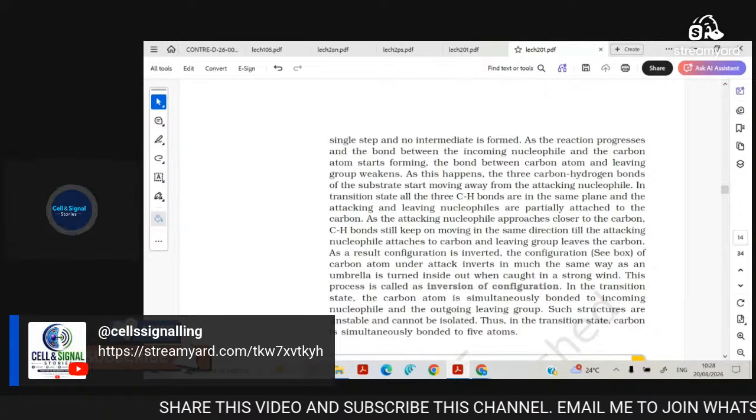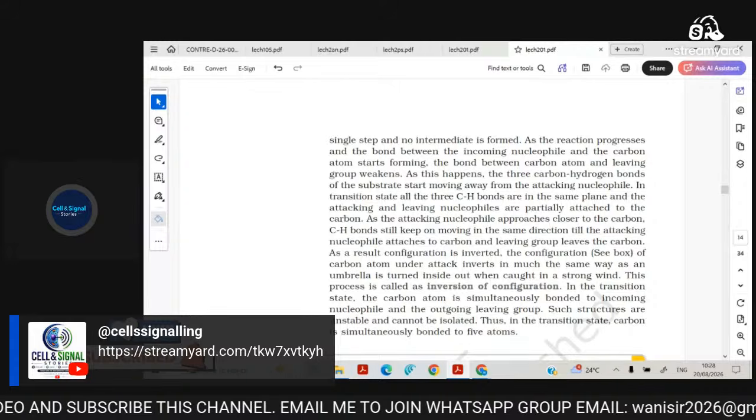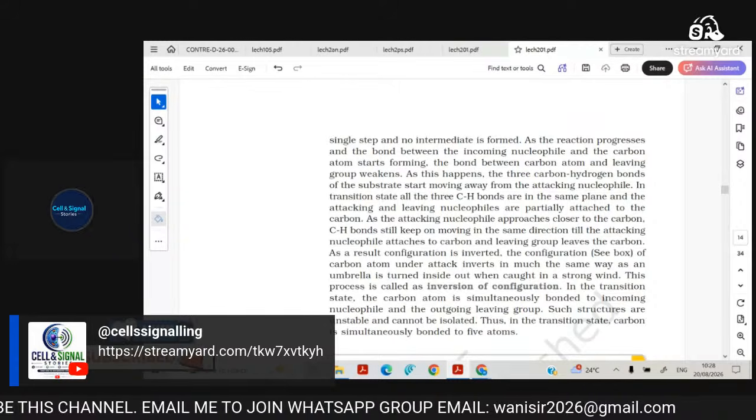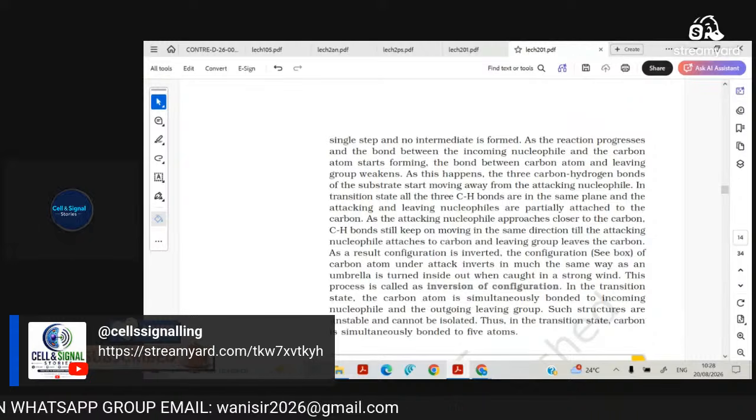And here you can see that the carbon is attached to five bonds. How is it possible? This is the exceptional case where the C is attached to five bonds.